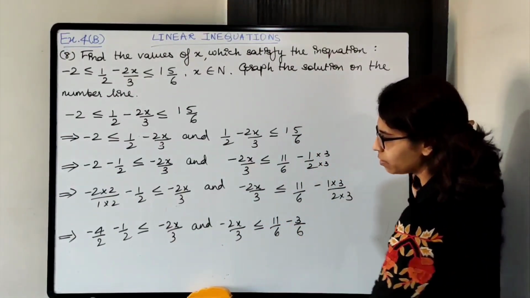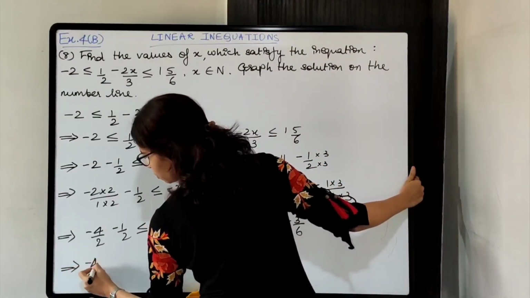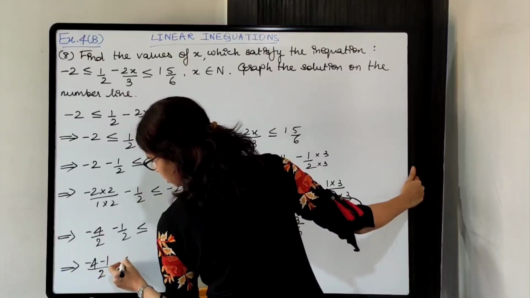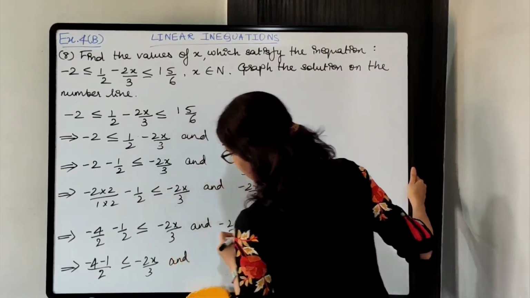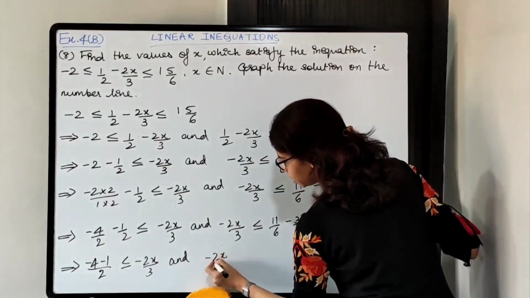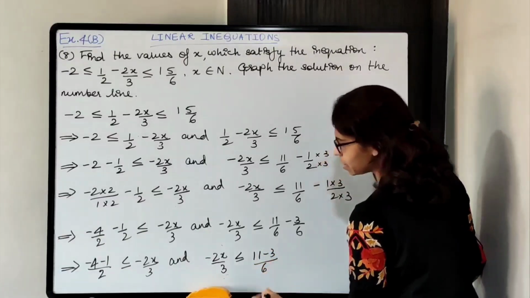Okay, so now taking common denominator, (-4 - 1)/2 is less than or equal to -2x/3, and -2x/3 is less than or equal to (11 - 3)/6.